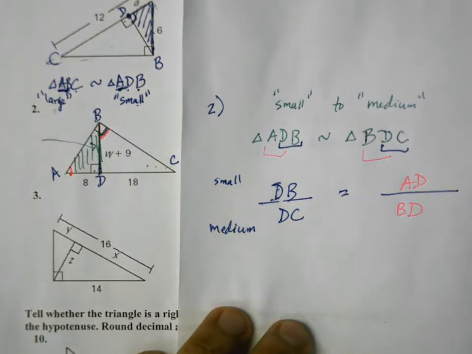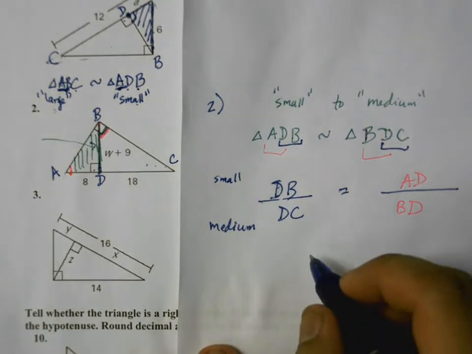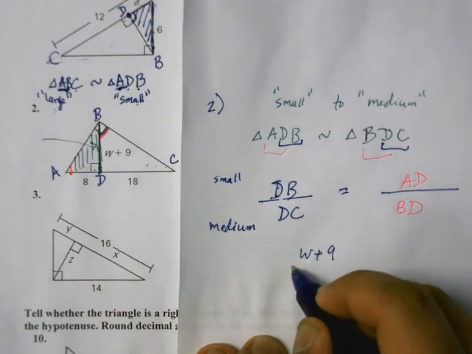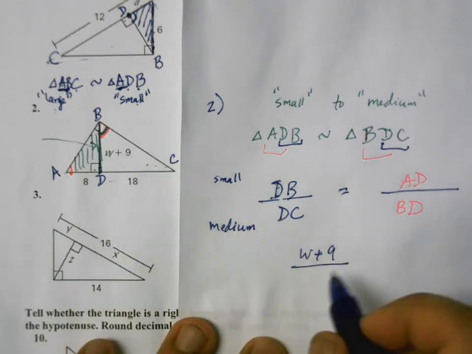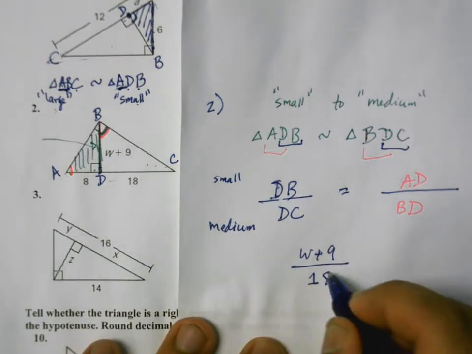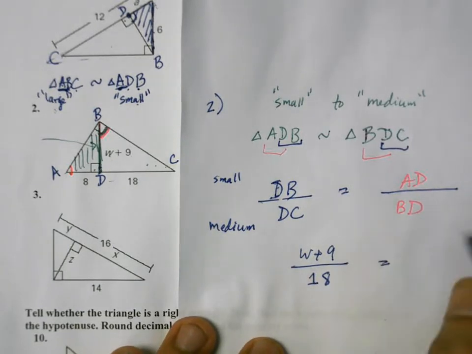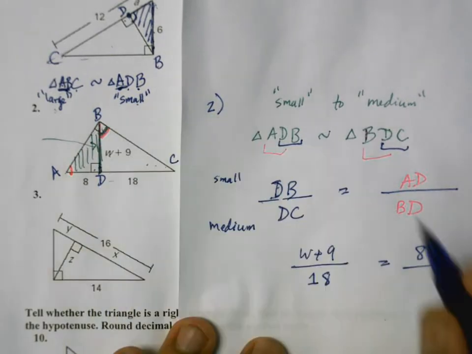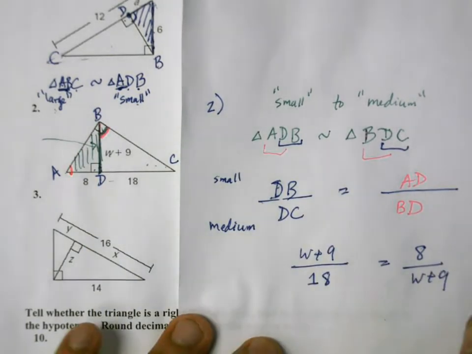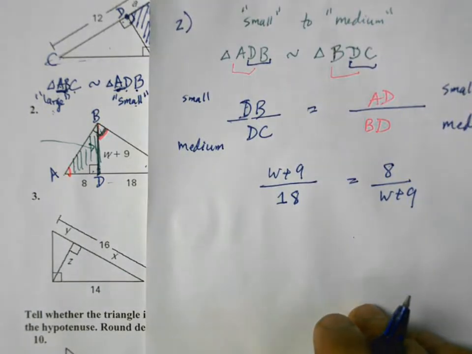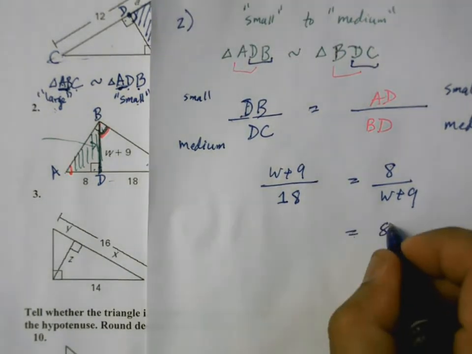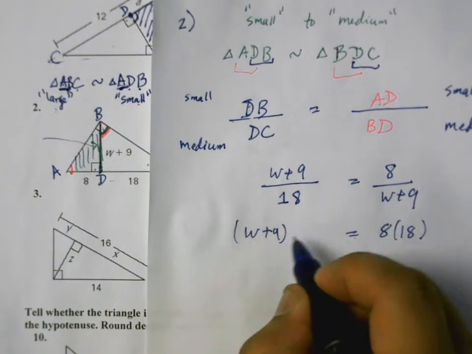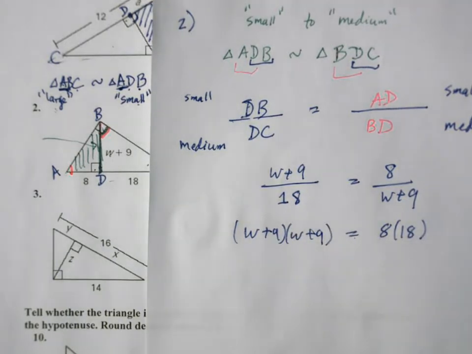And now that we've got that set up, we can start to fill in some of the missing values. So BD is W plus 9 over DC is 18 equals AD is 8 divided by BD is W plus 9. So multiply both sides by 18, so 8 times 18 over here, and multiply both sides by W plus 9 over there.